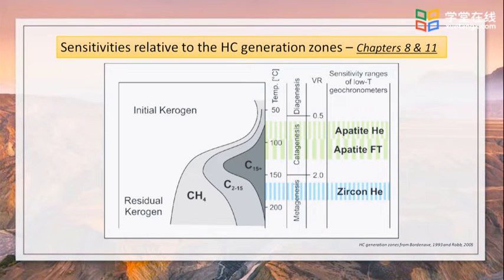This figure shows the sensitivities of apatite helium, apatite fission track, and zircon uranium-thorium helium thermochronometers. We can see that the sensitivities of these thermochronometers overlap with the hydrocarbon generation zones.